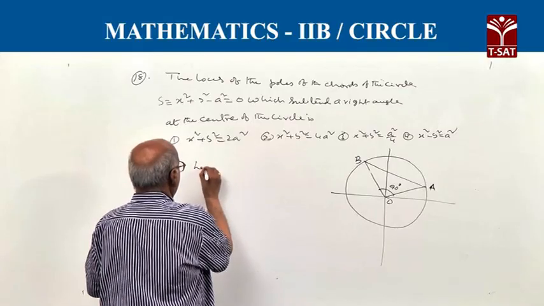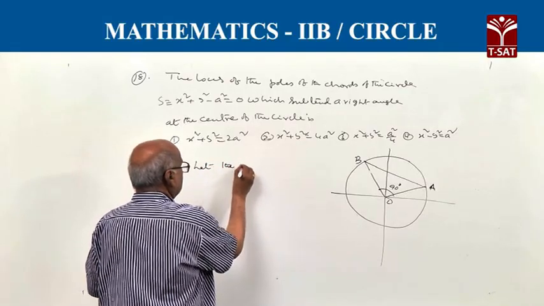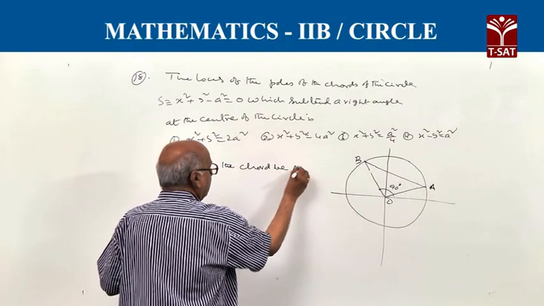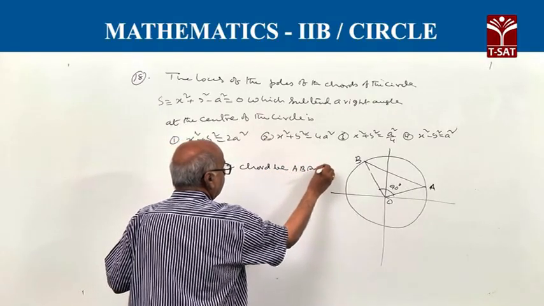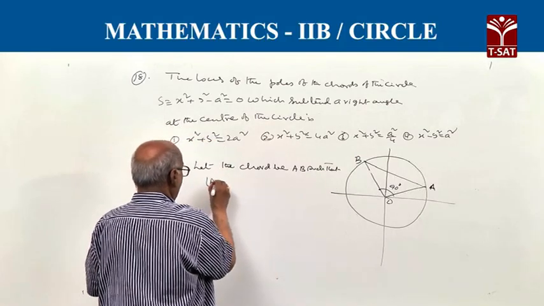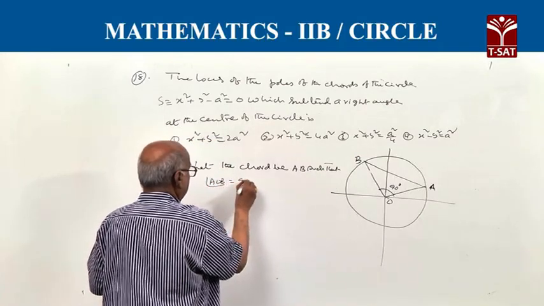Now let the chord be AB such that angle AOB is equal to 90 degrees.